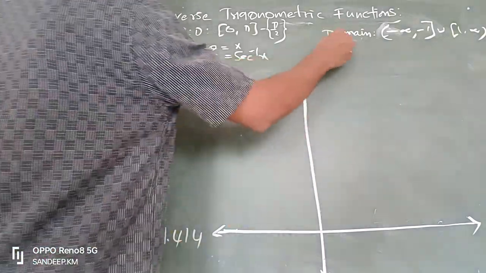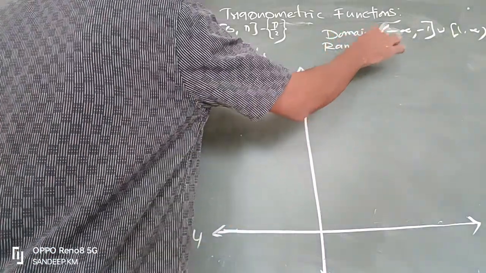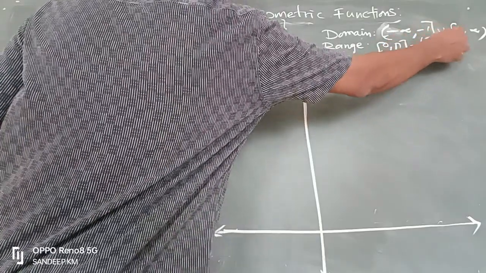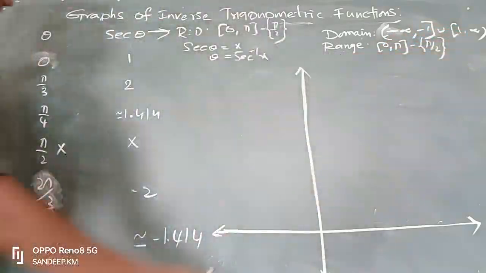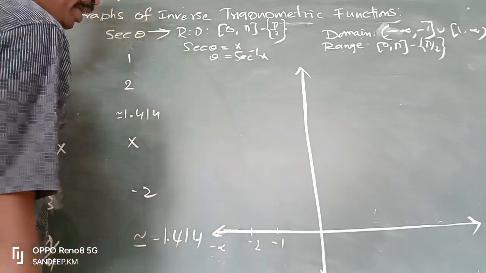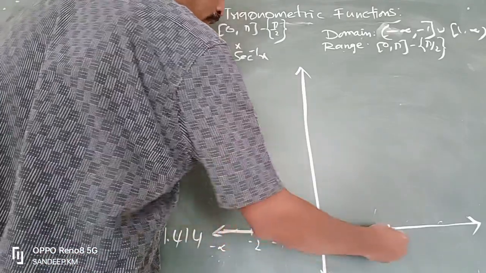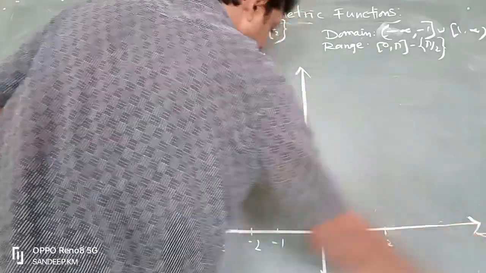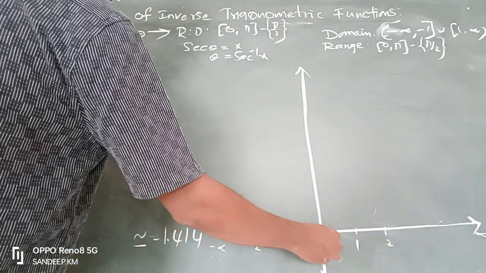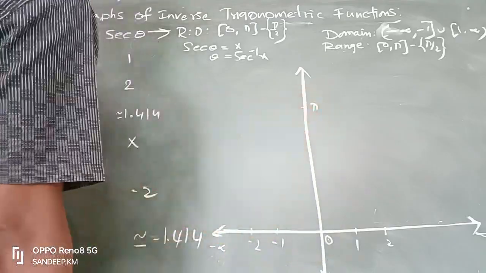And the range of secant inverse x is 0 to pi except pi by 2. So I'll take minus 1, minus 2 and so on to minus infinity, then plus 1, plus 2 and so on to plus infinity. Output ranges from 0 to pi except pi by 2.